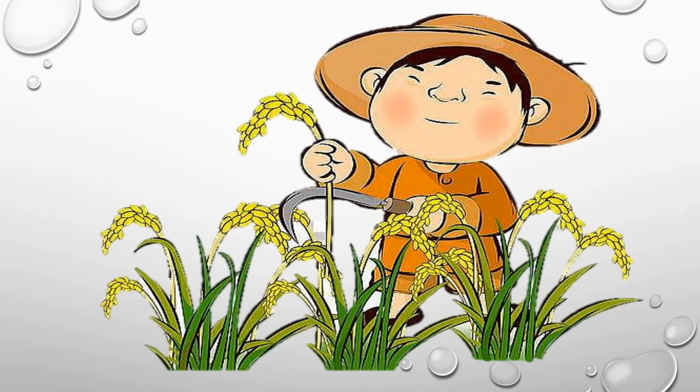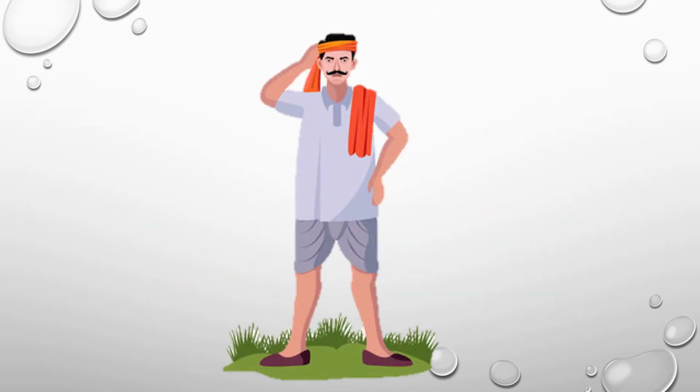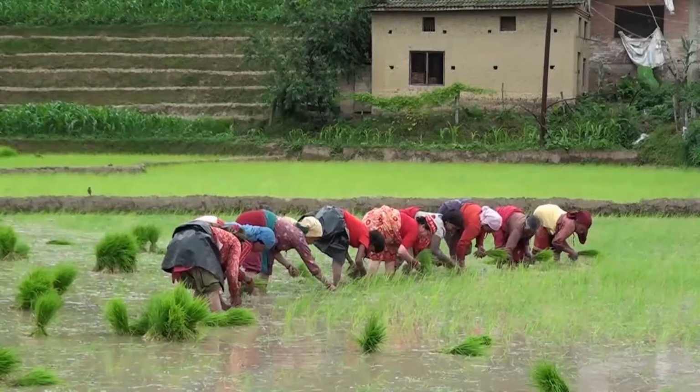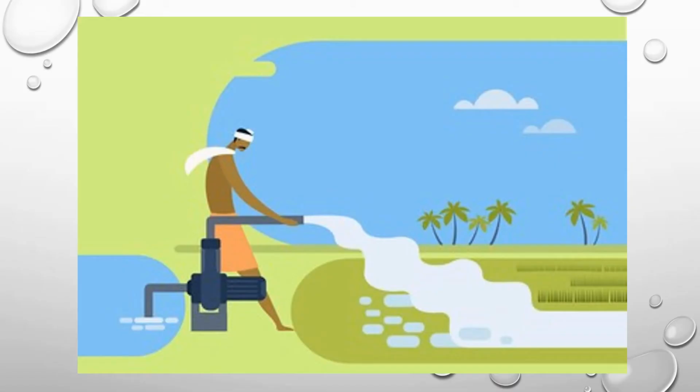So, children, do you know from where do we get this water? Rainwater that has seeped into the soil is used. Now you know the water in the wells and the borewells is nothing but the rainwater that has seeped into the ground, which we call groundwater, so we use this water.